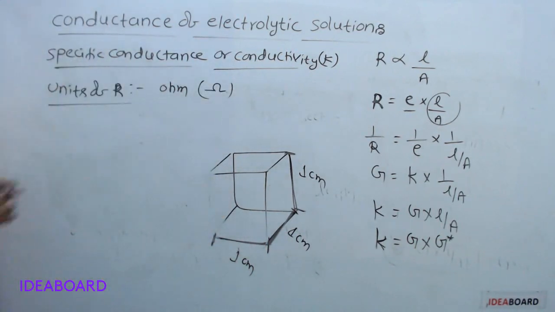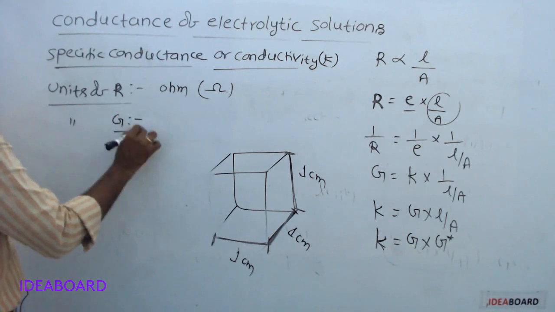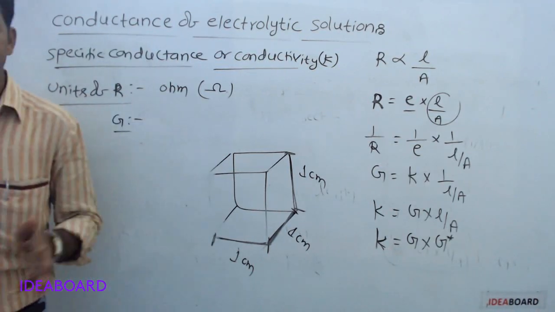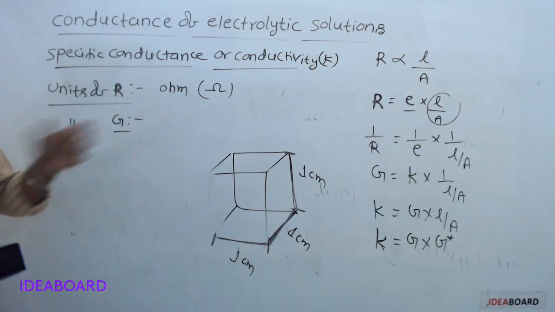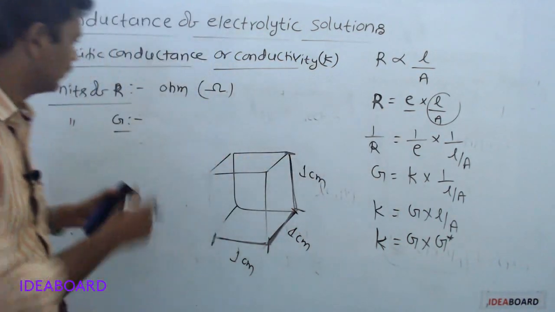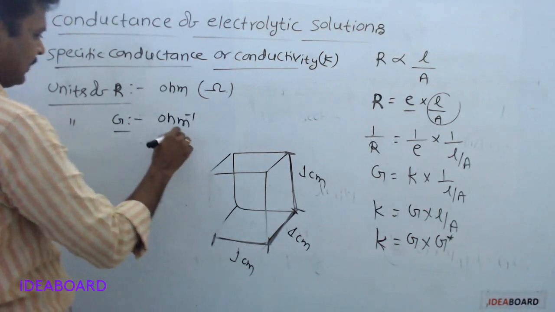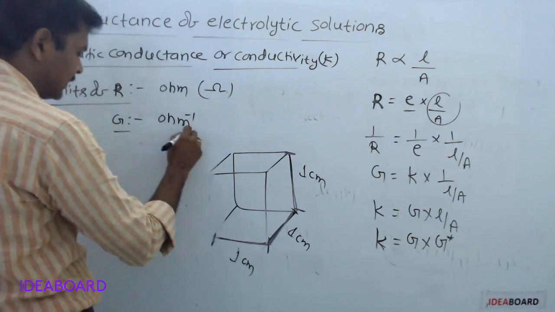Next, units of G. What is G? G is conductance. R is resistance, G is conductance. This G is nothing but the reciprocal of resistance only. So ohm inverse.